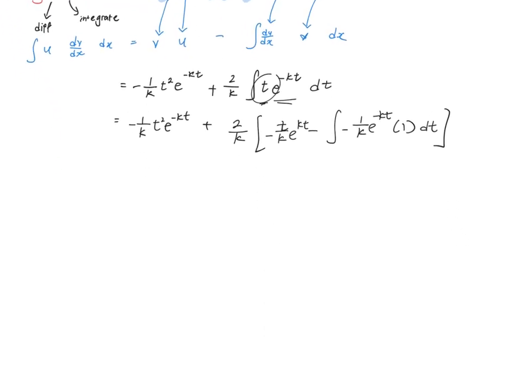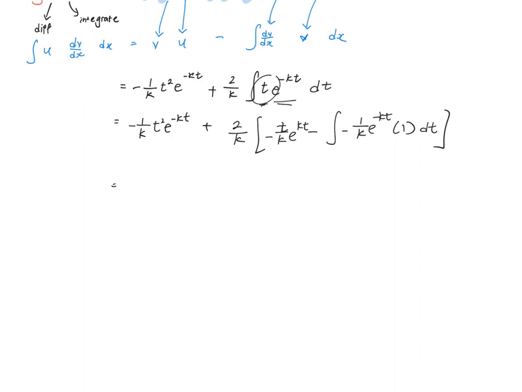With that, simplify my answer further. If I integrate this, it is very easy: integrating k one more time gives k squared. So working it out, we have minus 1 over k t squared e to the power minus kt, minus 2 over k squared t e to the power minus kt.